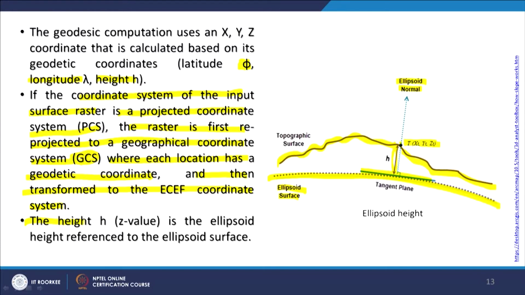A lot of calculations will be required to get a slope map through this geodesic computation. So if you choose this, obviously even on a small file it may take some time and may require some extra inputs. And as height is z, the z value here is the ellipsoid height above this surface, whereas we say above mean sea level.